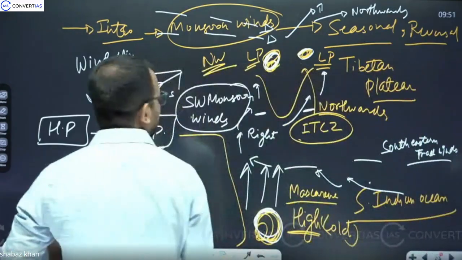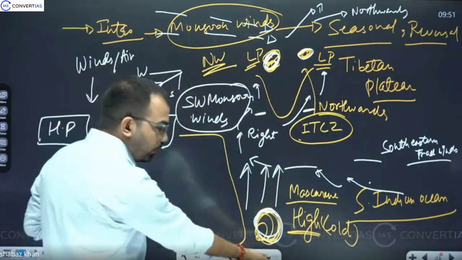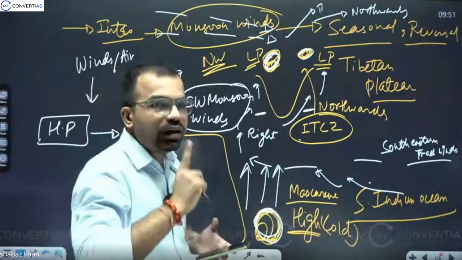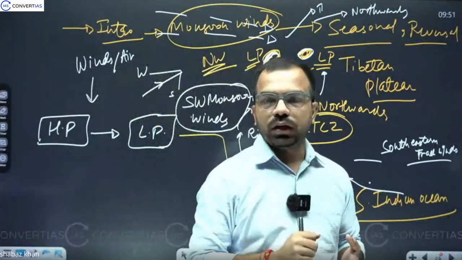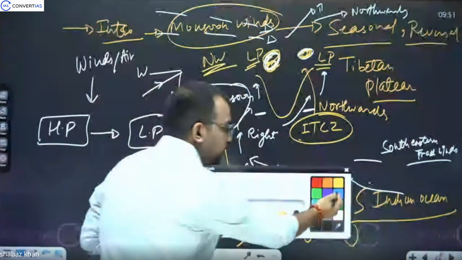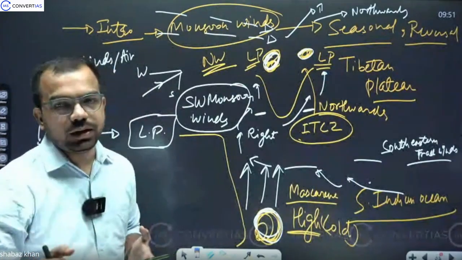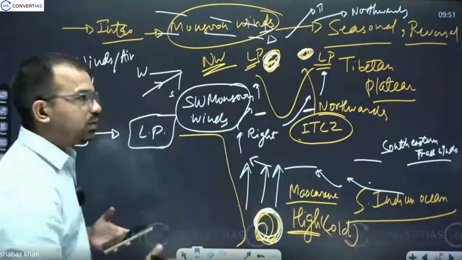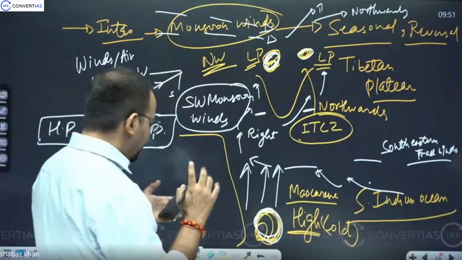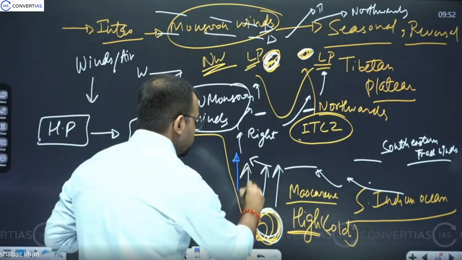Now they are getting supported by the Mascarene high. Is there any role of jet streams also? If you have not studied it, no worries. You can ask me in the end, and I can tell you the entire thing briefly. There is a jet stream involved here.